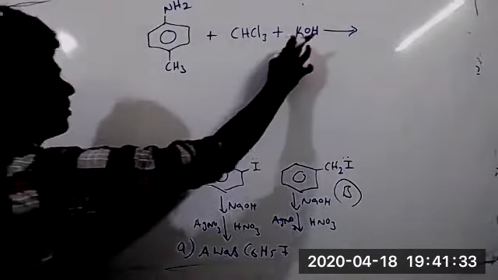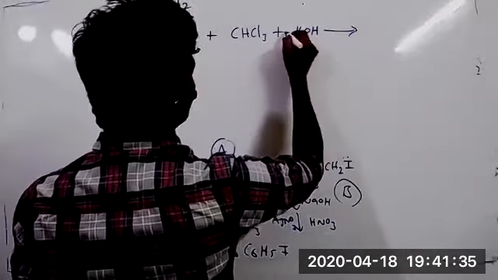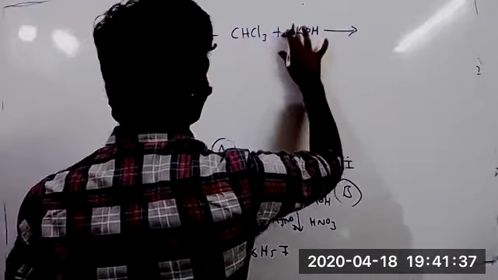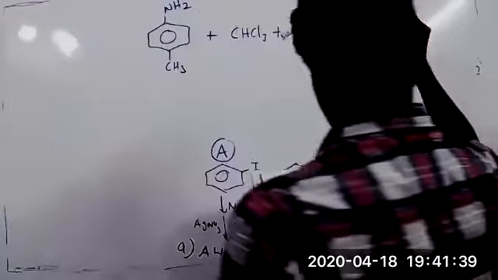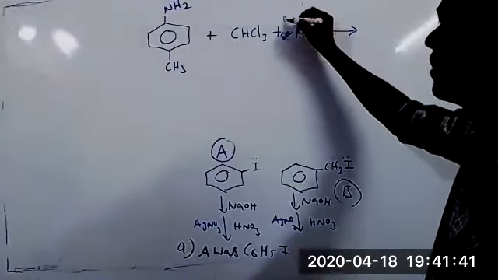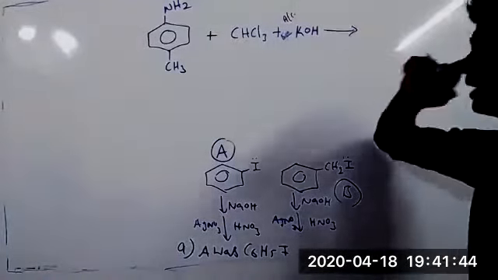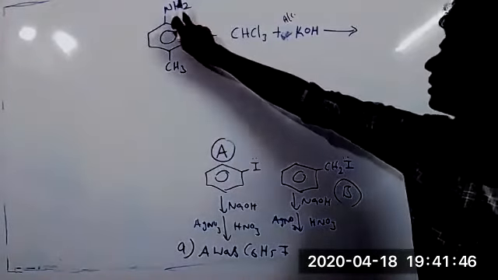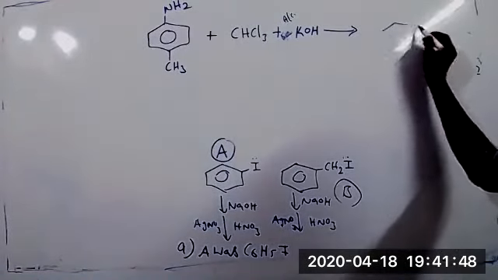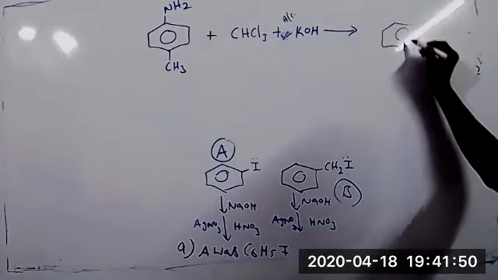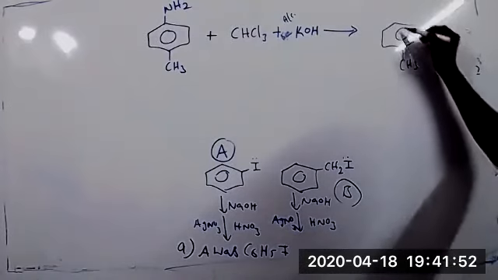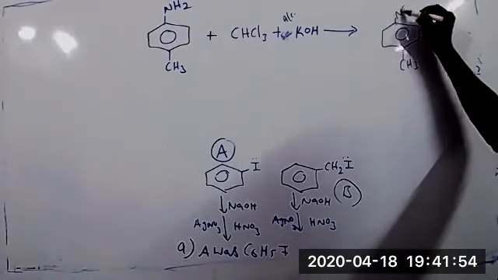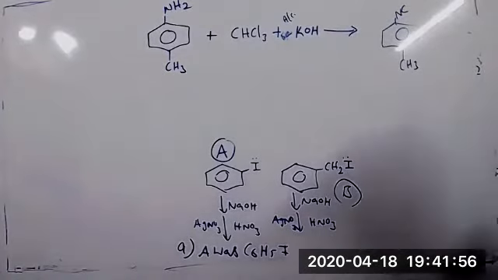In presence of chloroform and alcoholic KOH, the amine group changes to an isocyanide group. This is the product.